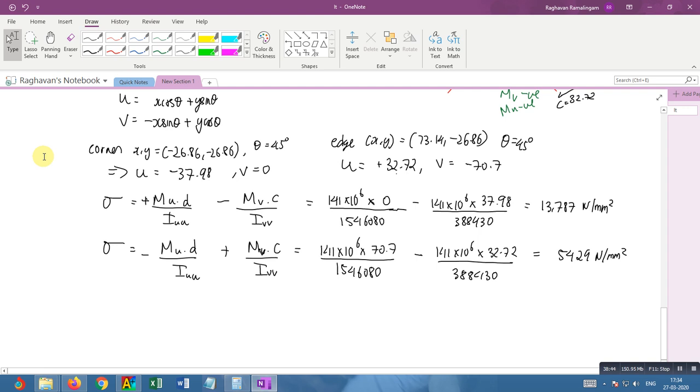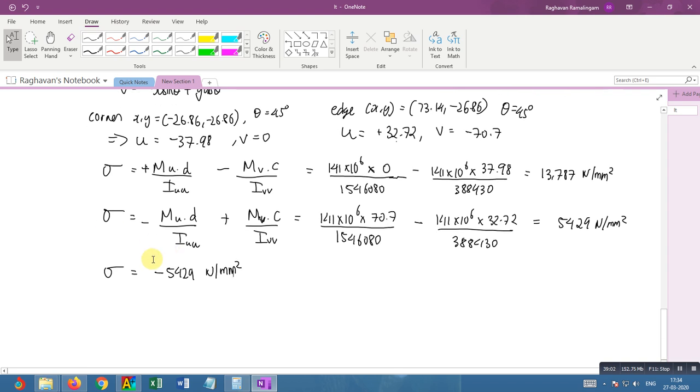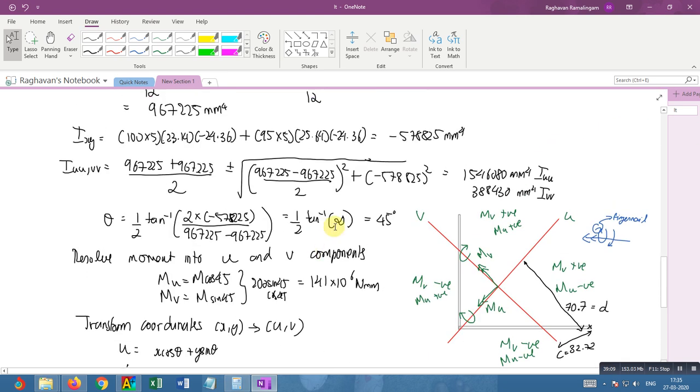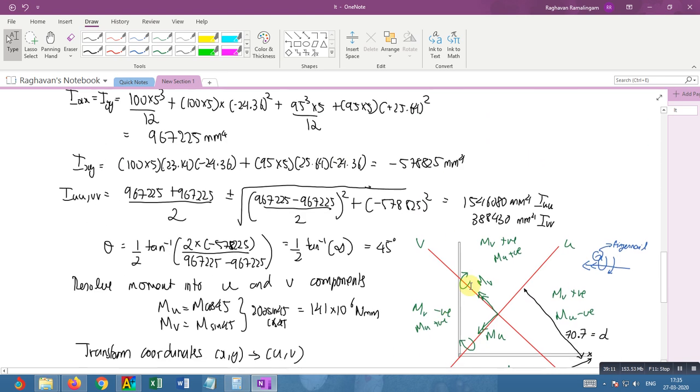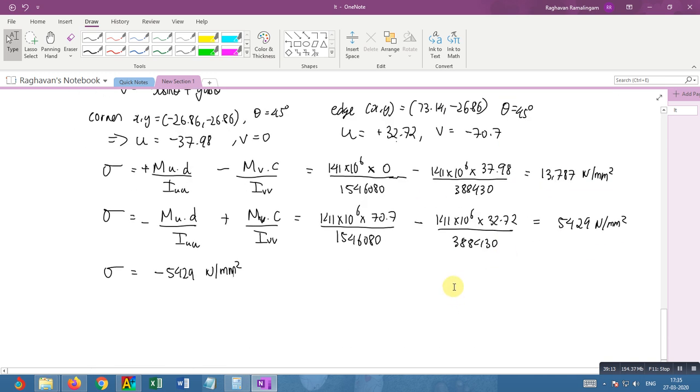So the stress will be symmetric, and the stress there will be rather minus 5.429 Newton per mm squared. So this is the way that you can find the stresses at any given location of a beam undergoing unsymmetrical bending.